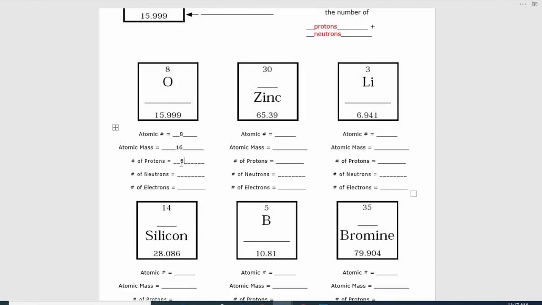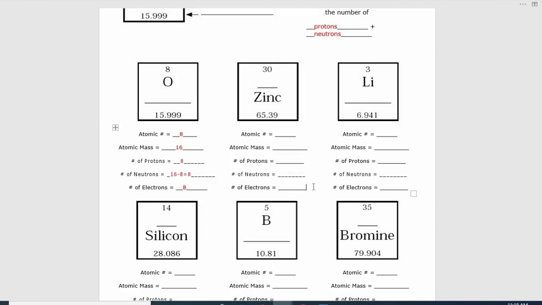And the number of neutrons equals 16 minus 8 equals 8. And the number of electrons also equals the number of protons, so it will be 8 too. Okay, then I will make it in red so you can see it clearly. Here we have to write the calculations so we know the number of neutrons and so on.